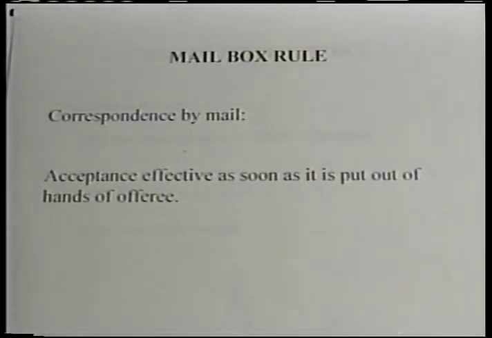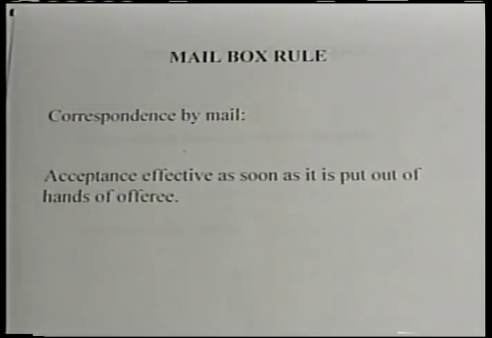The next question when you're studying acceptance is typically, when is acceptance effective? The majority rule in contracts is that if an acceptance is being mailed, if it is being concluded by what we call correspondence, the acceptance is effective as soon as it is put out of the possession of the offeree.